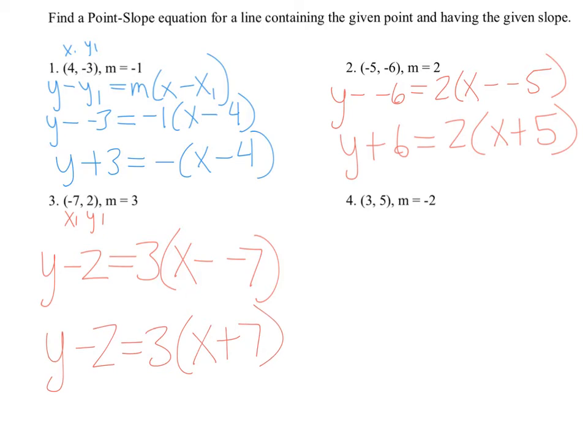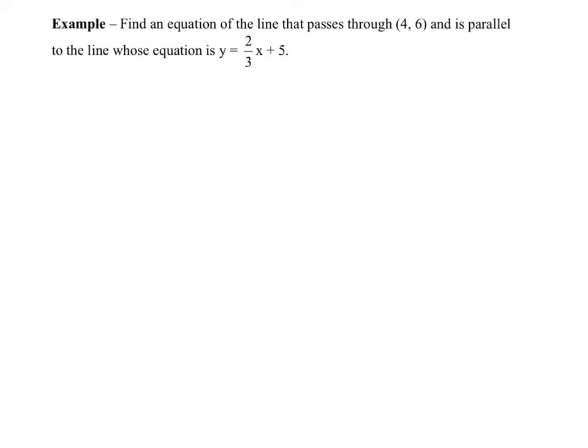And then finally, I have my number 4 here, x1 and y1, labeling those, and then plugging them in. Y minus my y1, y minus 5, equals my slope times x minus x1. And that's it.